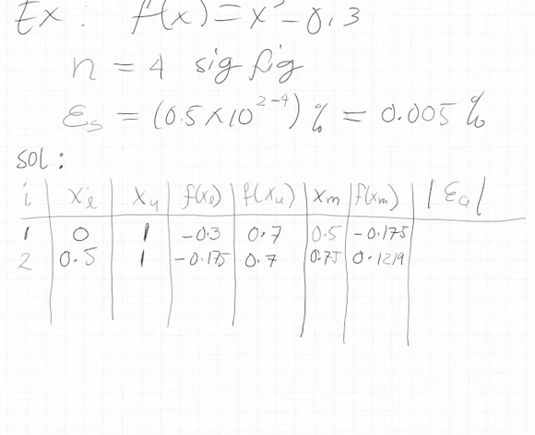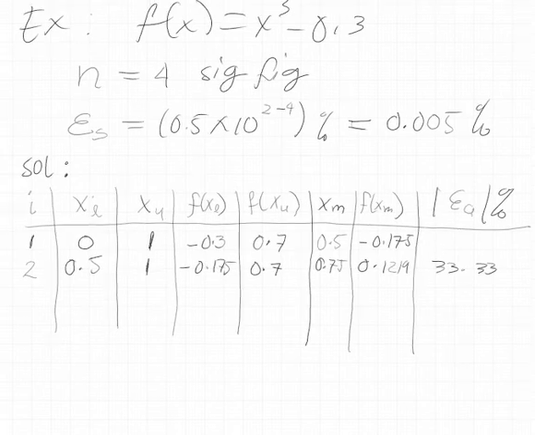So our approximate error will be 0.75 minus 0.5 divided by 0.75 times 100. So that will be 33.33. So this is in percent. So still far away from 0.005.